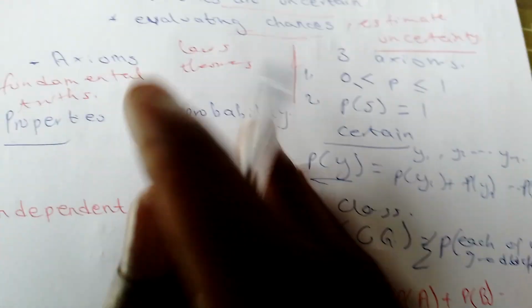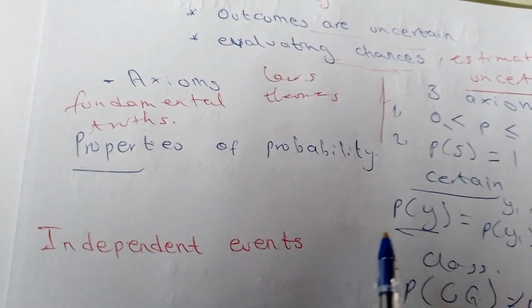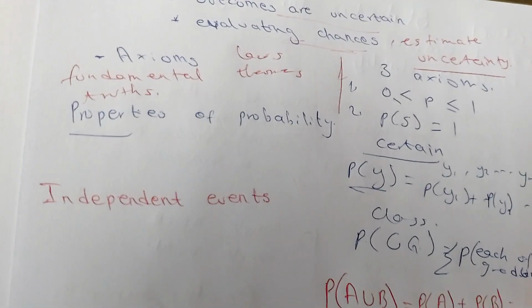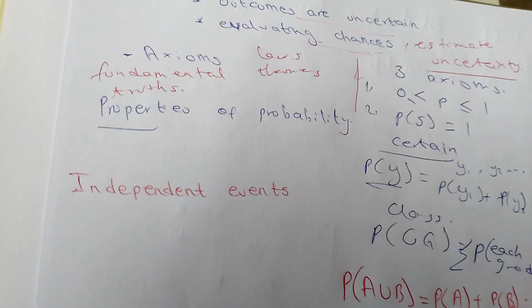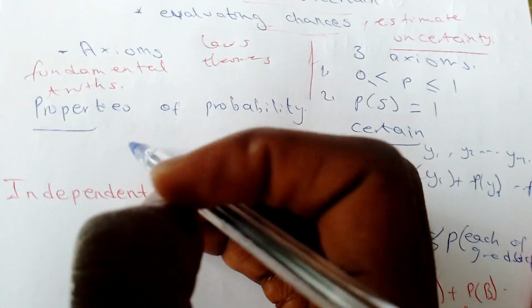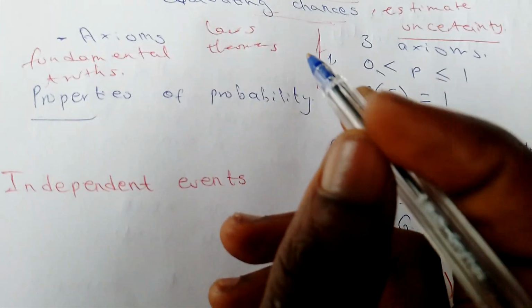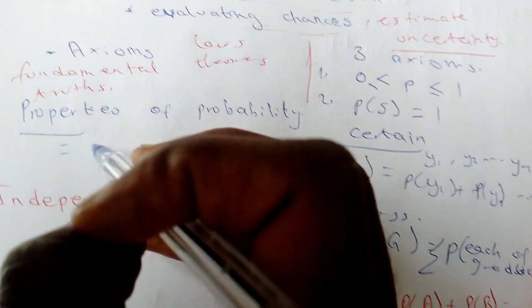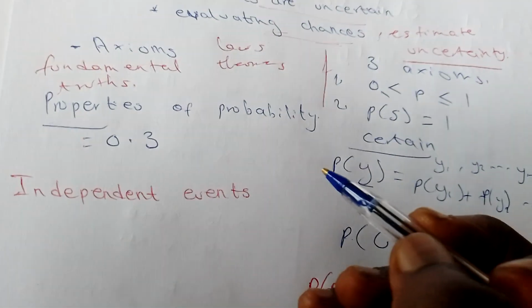Okay, so let's come back here. Now we have properties of probability. I want to talk about the properties of probability. For instance, let's say we talk about complement. Say the probability of someone buying something is 0.3, right?